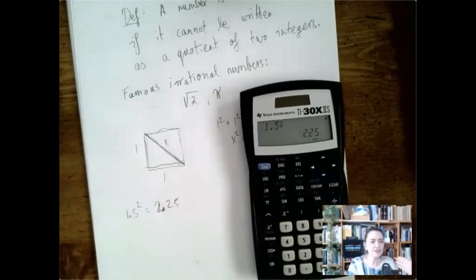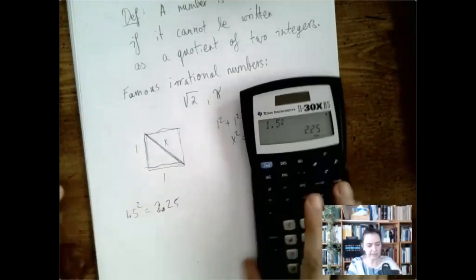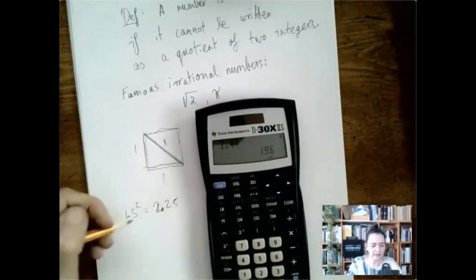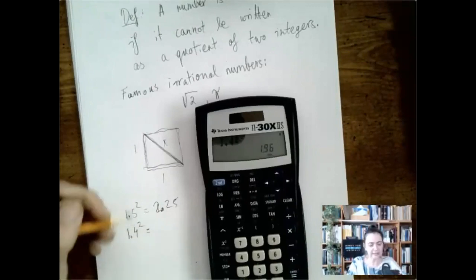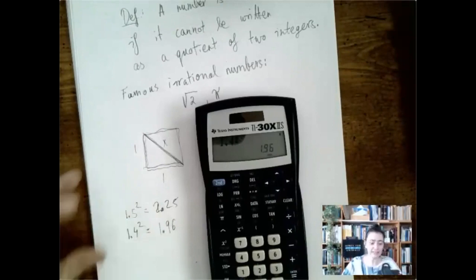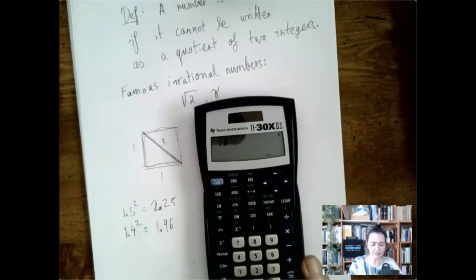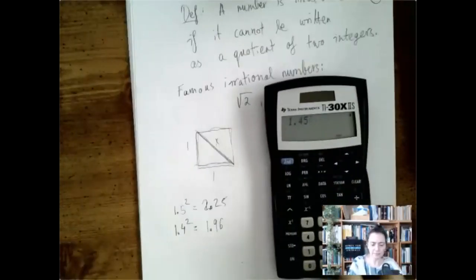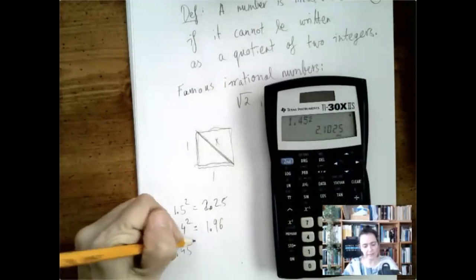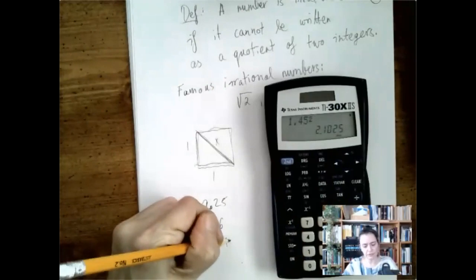So if there is a number that squares to 2, it's going to be less than 1.5. 1.4 squared, on the other hand, is not good enough, right? 1.4 squared is 1.96. So if there is a number that squares to 2, it's between these two numbers. Well, how about the one right in the average, right in between, 1.45. If we square this, now it's too much, but it's getting closer, right? 1.45 squared is 2.1025.